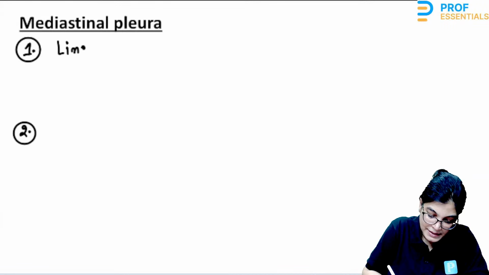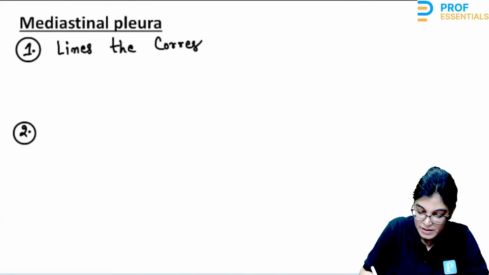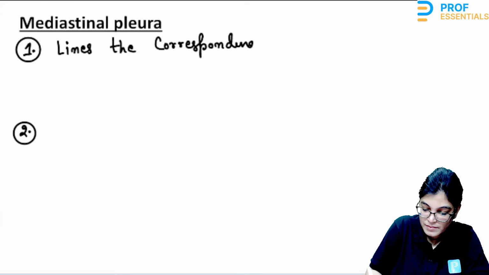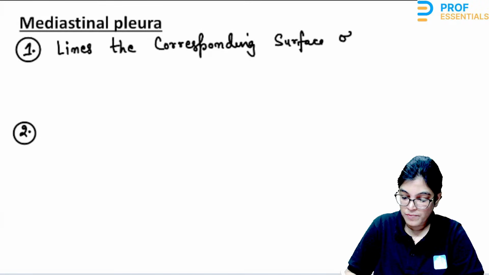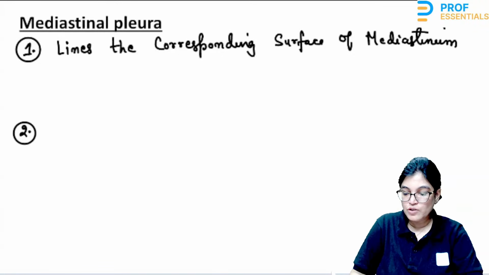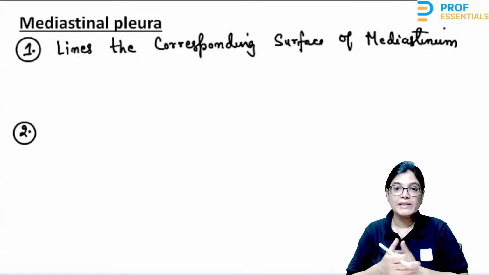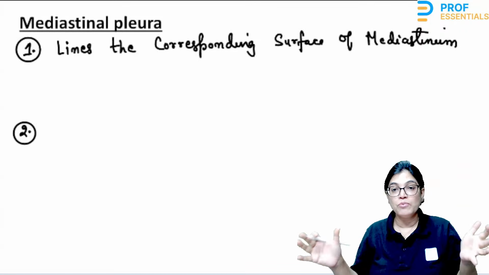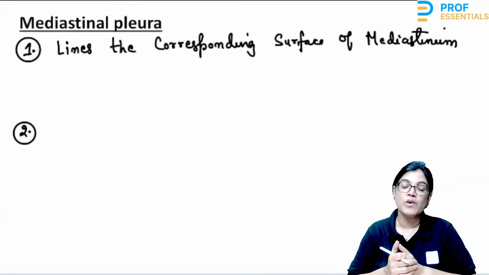Mediastinal pleura lines the corresponding surface of mediastinum and forms its lateral boundary. After completing the topic of lung pleura, I will come to the next topic, that is mediastinum, which is a very important topic, as the content of mediastinum is a very important enumeration question for your viva examination and for your theory papers.